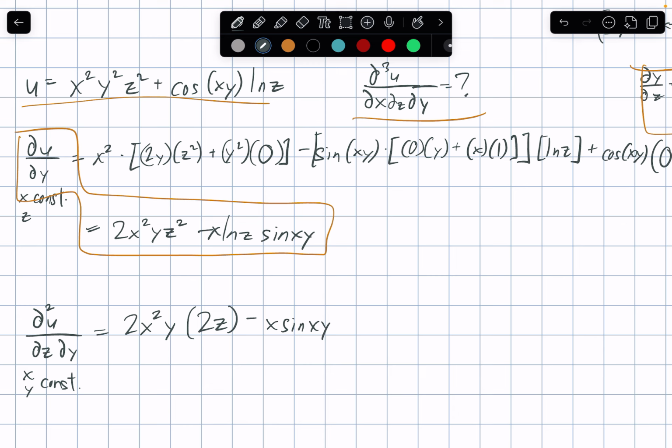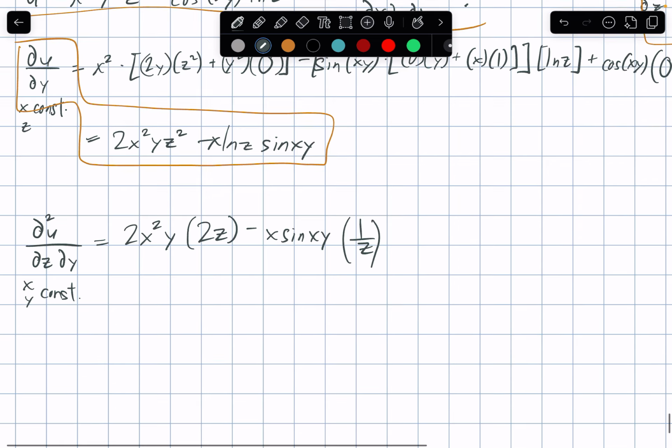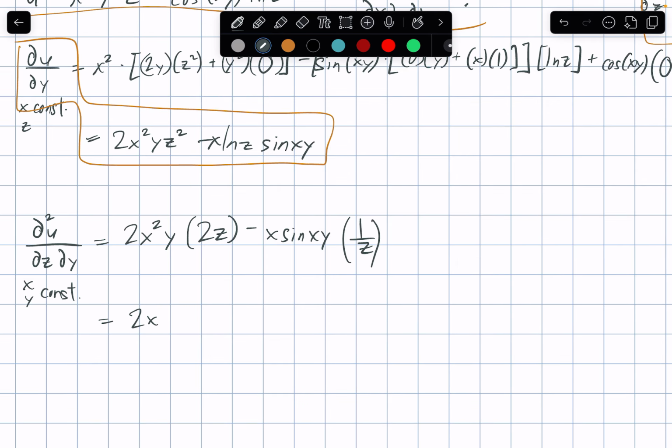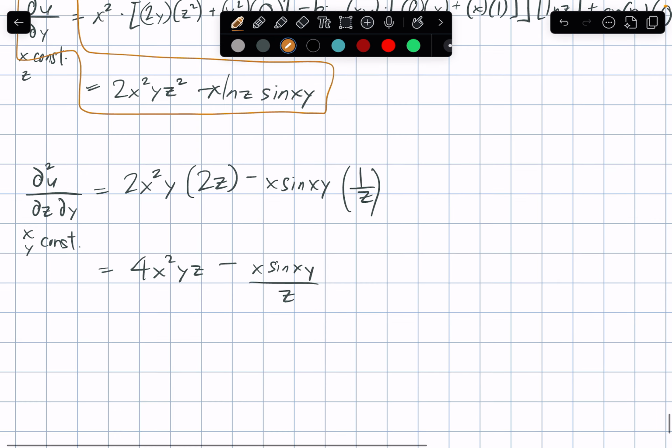What's left is ln z. The derivative of ln z is 1 over z. Okay? And then if you simplify, we're going to have 4x squared yz minus x sine xy over z. That's it.